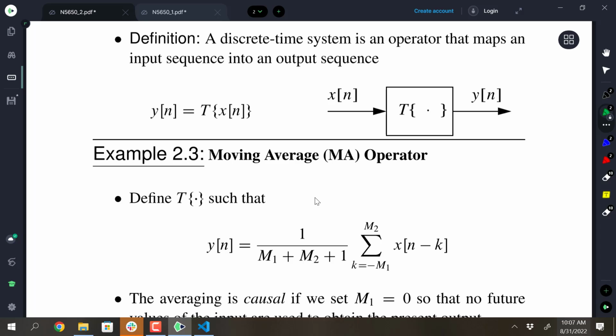So a moving average filter is exactly what the name says. It's forming the average of past, present, and future values of the input. You look at the equation here, and you can see I'm going to grab the input, and I'm going to take values of k for k greater than 0, which are going to be past values further down in time, and then I'm going to take future values when k is negative.